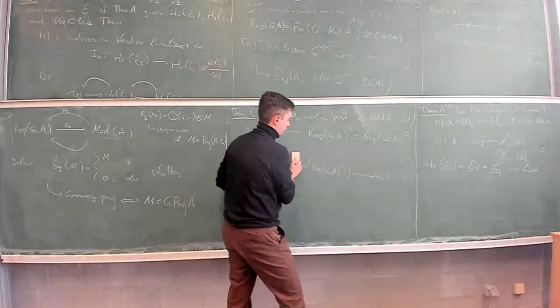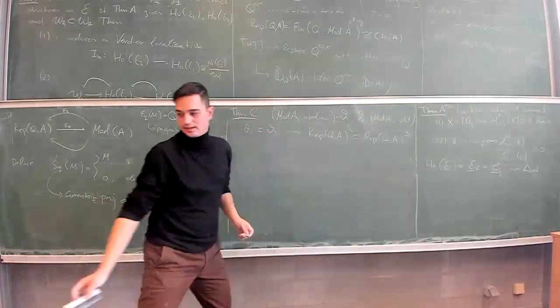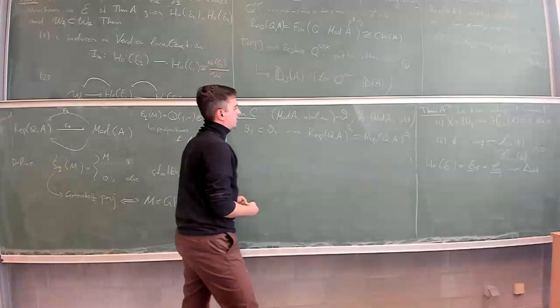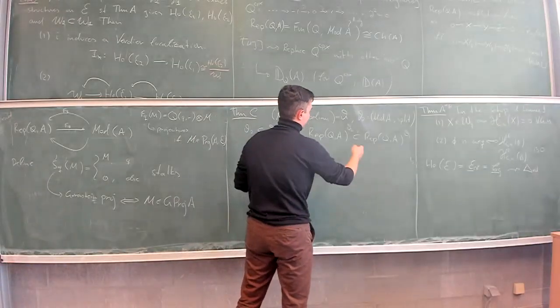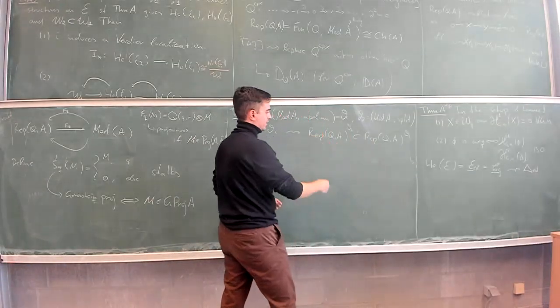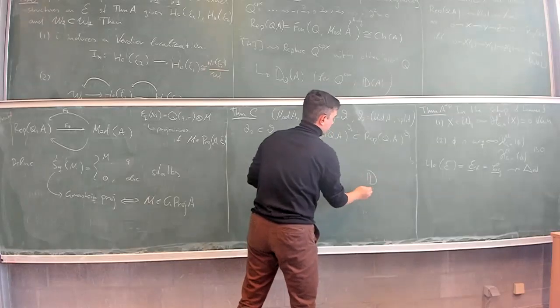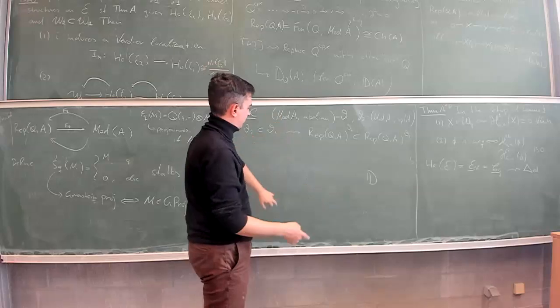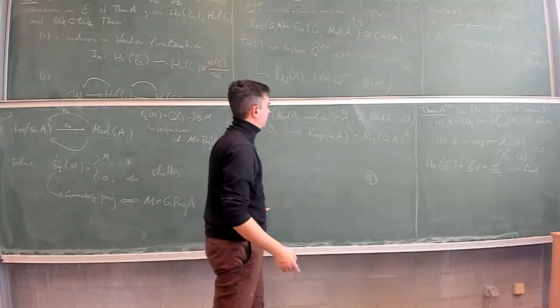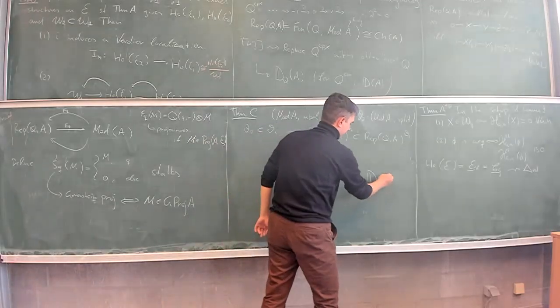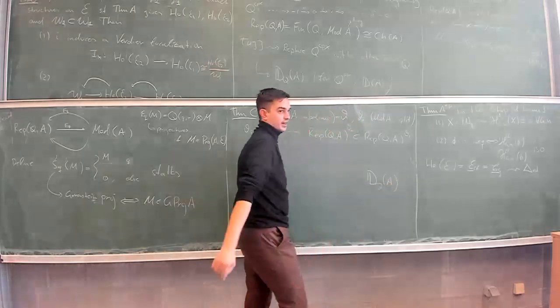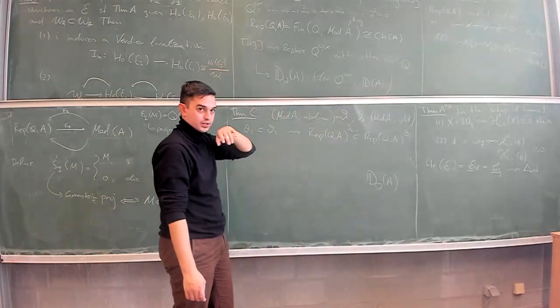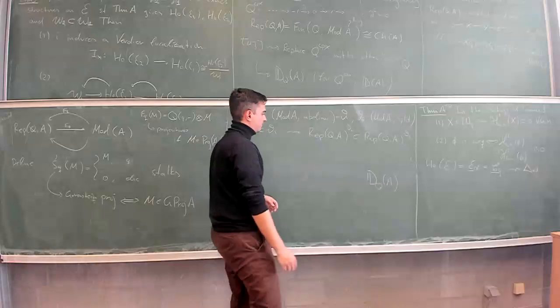But what you can see is that for theta 1 being the abelian exact structure, the cotorsion pair that you get from theorem A, or actually the lemma that I just erased, is going to be the same cotorsion pair that Holm and Jorgensen used to define the Q-shaped derived category.